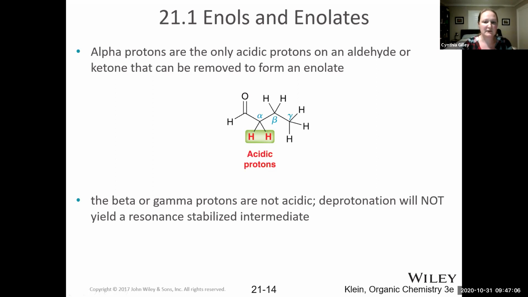So because we're able to form a resonance stabilized conjugate base by removing one of these two hydrogens attached to the alpha carbon, that makes these alpha protons more acidic than the protons at the beta carbon or the gamma carbon. Right? Removal of one of these would lead to a localized lone pair, right, which is not as stable as a delocalized lone pair that exists in an enolate.